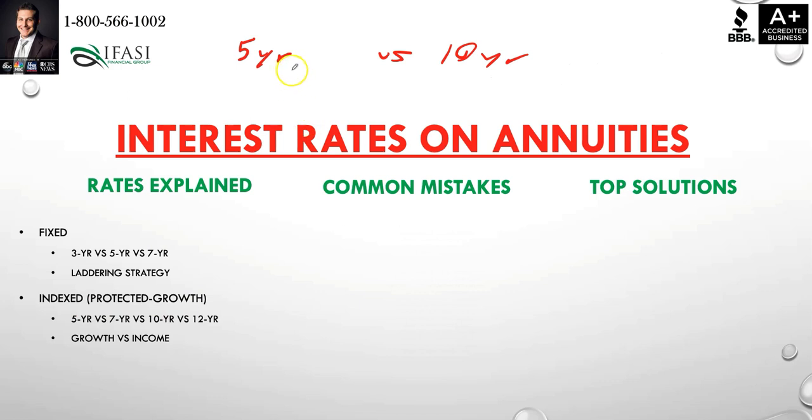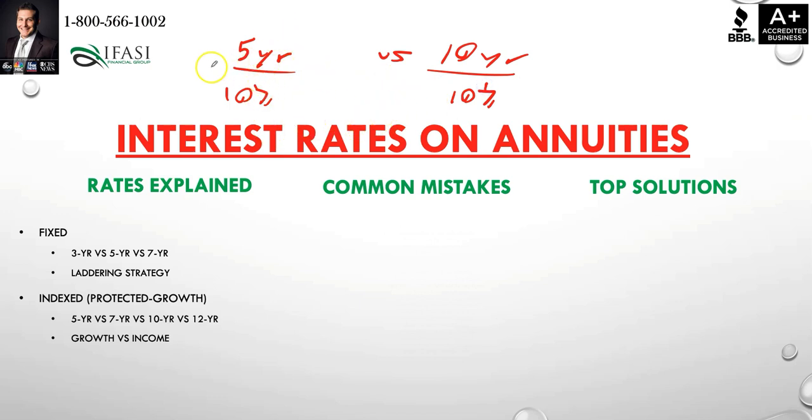Some products and some companies give different nuances to this, but as a very easy example, let's say you have a 5-year restricted fixed index annuity versus a 10-year restricted fixed index annuity, and they both offer 10% free withdrawals starting from the first day, 10% free withdrawals each year for up to that set duration of time, and then 100% access after that set duration of time.